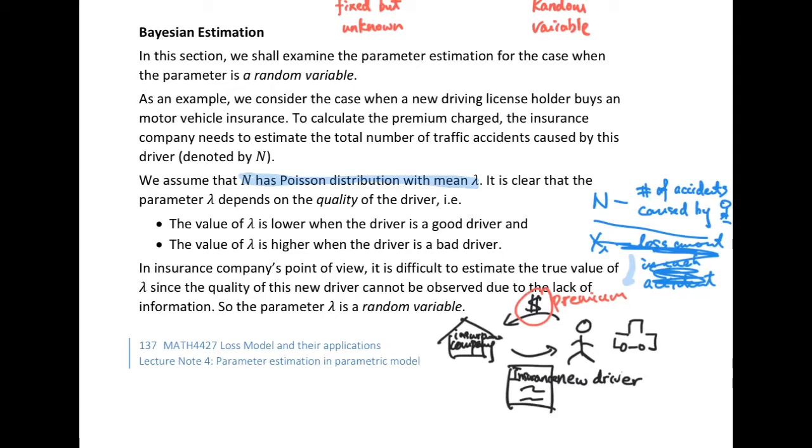Given the Poisson distribution, it is associated with a parameter lambda. Remember in the Poisson distribution, this lambda represents the average, or more formally the expected value of N, which means it is the average number of accidents caused by the driver.